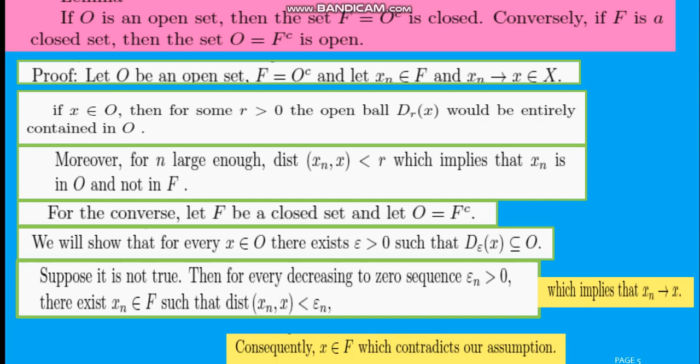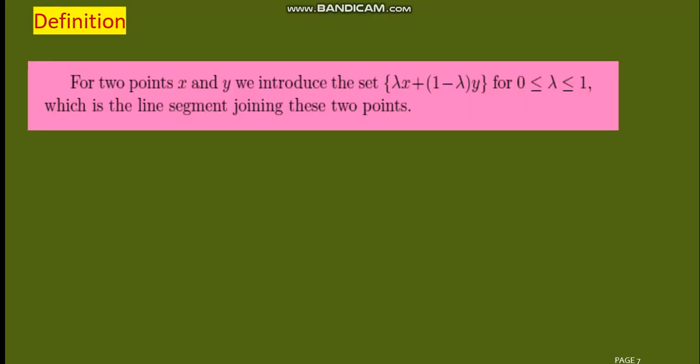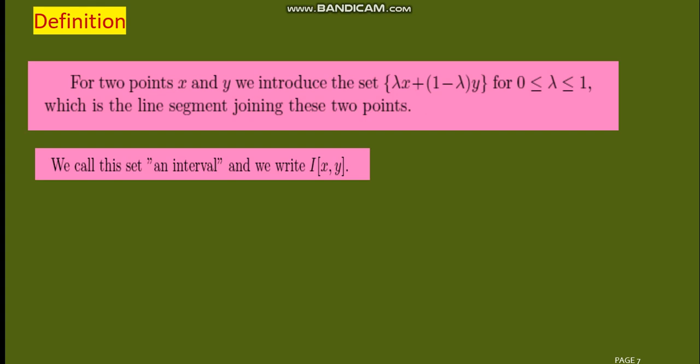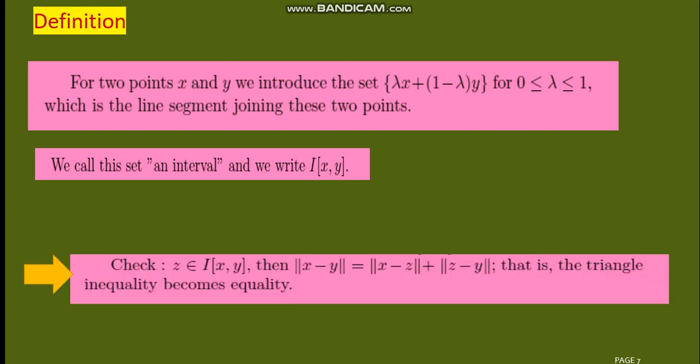Okay, so some more definitions we need for your future studies. For any two points x and y, we introduce lambda x plus 1 minus lambda y, where lambda varies from 0 to 1, which is the line segment of the two points, and it is called an interval I of x comma y.